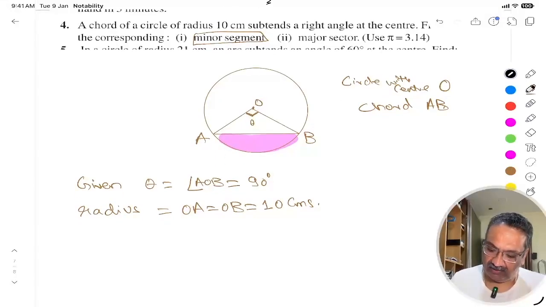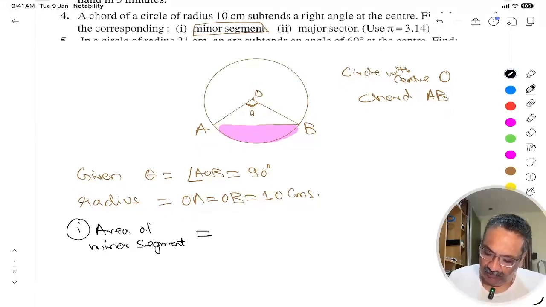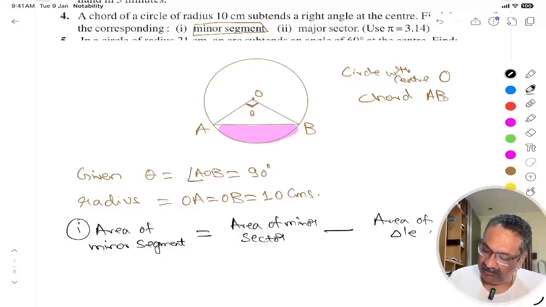Alright. Now first we will take area of minor segment. Area of minor segment is nothing but, we know that it is area of sector, that is minor sector, minus area of triangle OAB. Okay, now this is 10 centimeters, this is also 10 centimeters.